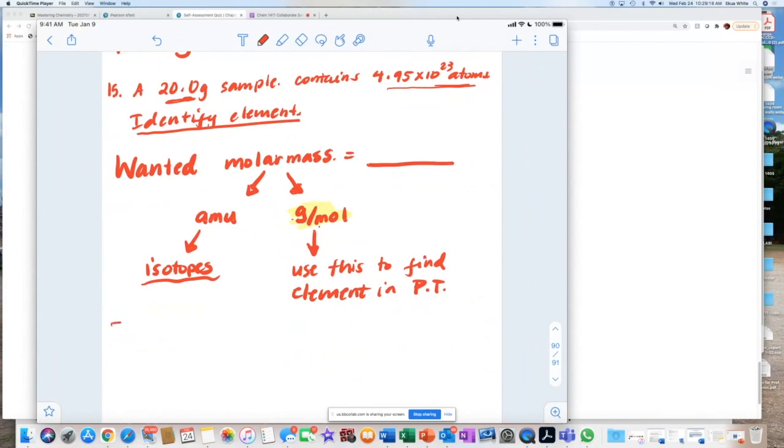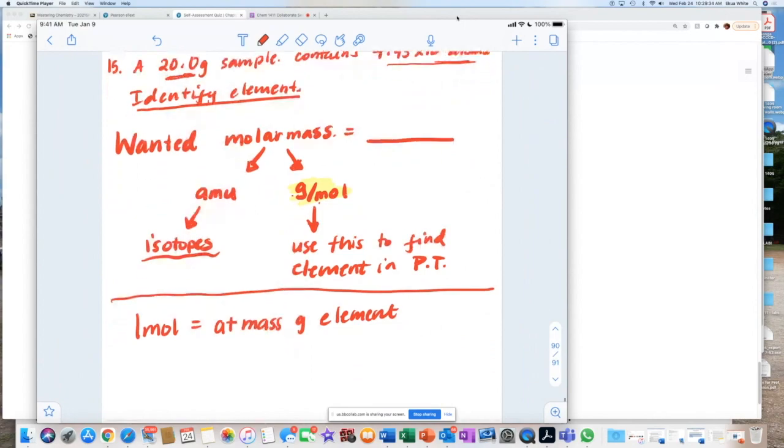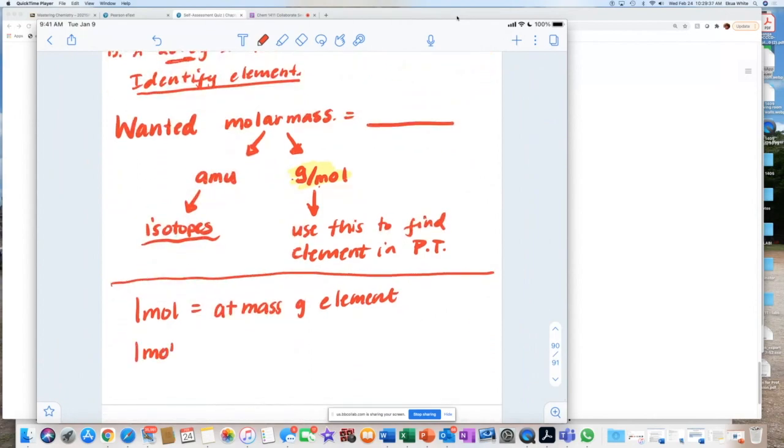So we had 2 molar conversions. 1 mole is equal to, for the most part, the atomic mass in grams of the element, or 1 mole is equal to Avogadro's number, 6 point... I just blanked out. What is Avogadro's number? Hold on, I have my conversions here. Like I was on a roll, but I just forgot what Avogadro's number was.